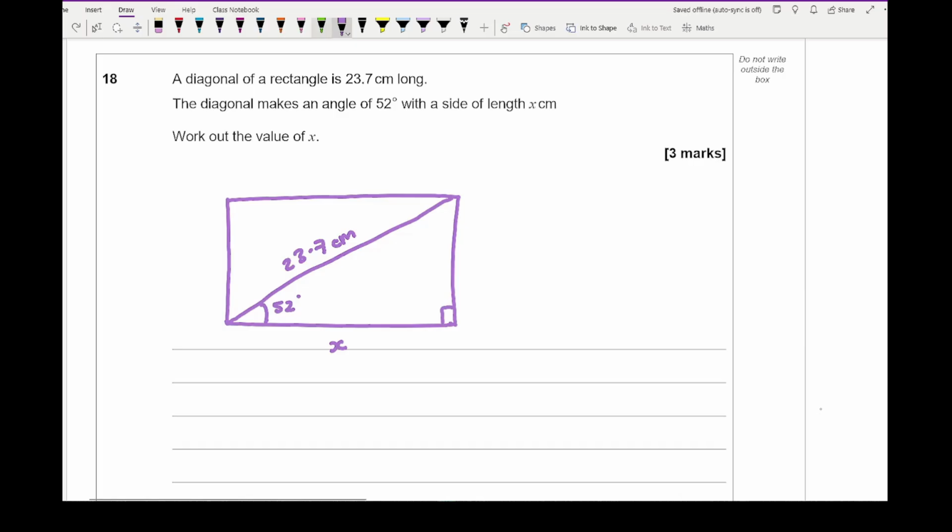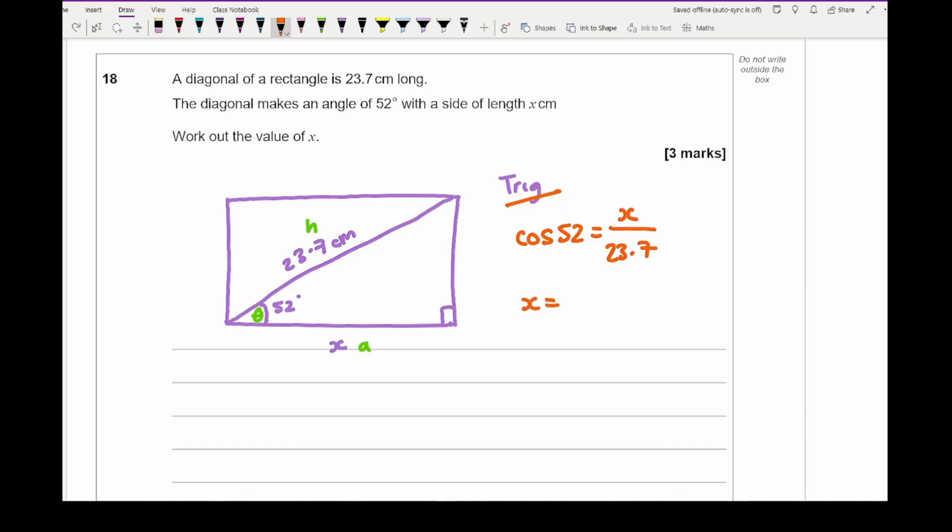And I'm hoping by drawing this diagram, you can see it's going to involve trig. So the first thing we need to do is to label our triangle. So we've got hypotenuse, we've got the adjacent, and we've got theta. So choosing the right trig ratio, which uses A and H, which is going to be cos. So I've got cos 52 equals x over 23.7.